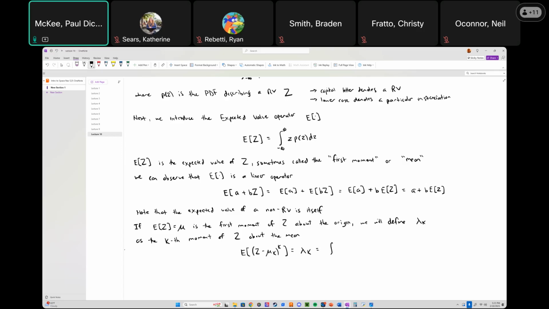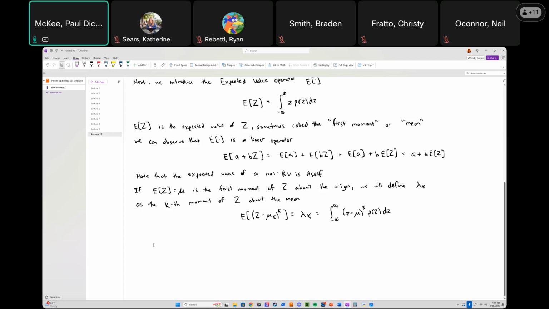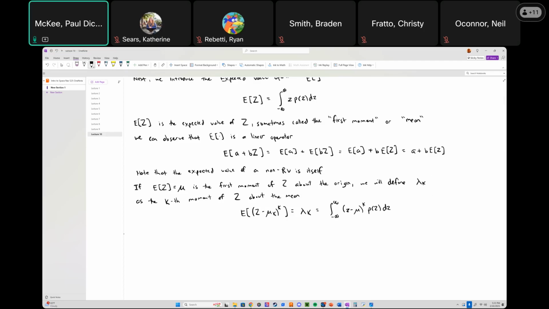And that is just the integral from negative infinity to infinity of (Z minus mu) to the power k, probability of Z dz. So that's the actual function for this. But we'll see how this actually applies for first moment, second moment, third moment, so on and so forth. So by definition, lambda 1 is equal to 0.